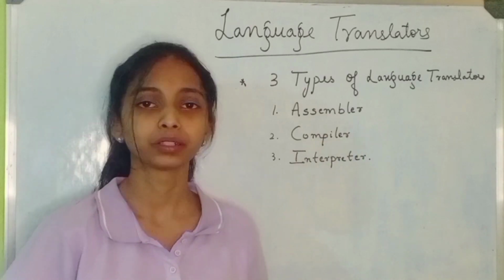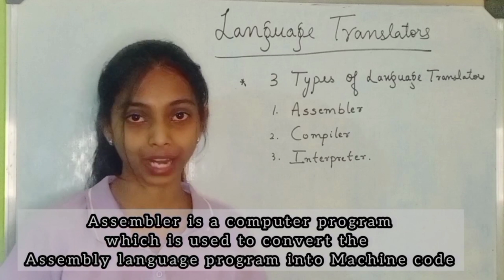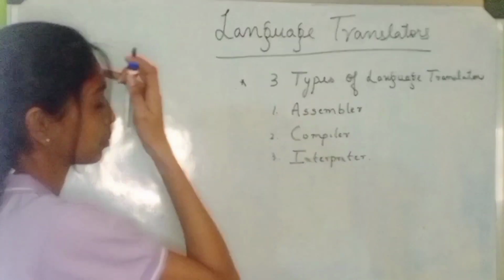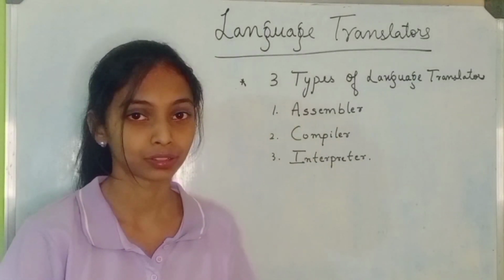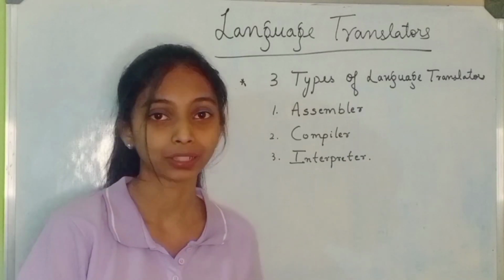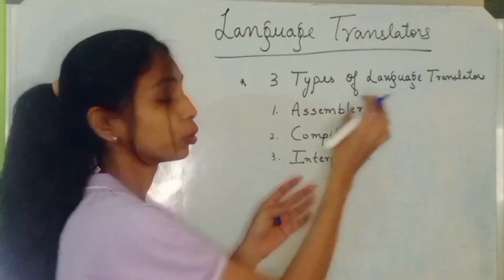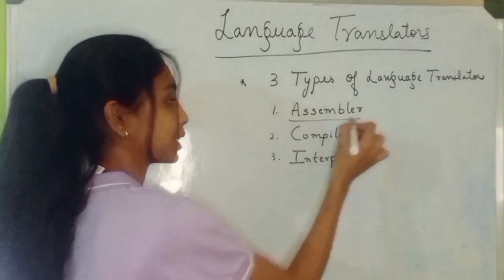What does this assembler do? This assembler converts the assembly language programs into the object code, that is to the binary languages. For example, if you write any program by using the assembly languages like C, C++, Java, Python and all, these programs are converted to the object code by using the translator, that is by using the language translator assembler.